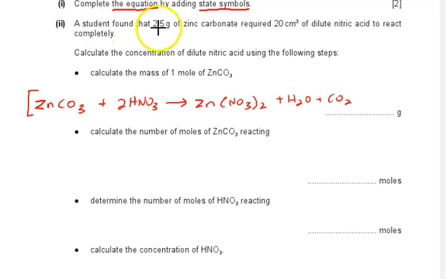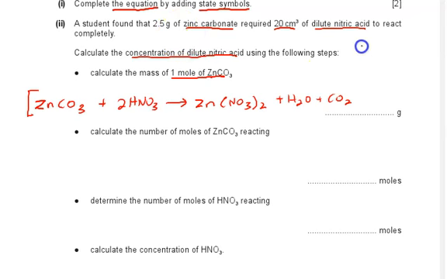Now a student found that 2.5 g zinc carbonate required 20 cm³ of dilute nitric acid to react completely. Calculate the concentration of dilute nitric acid using the following steps. First, calculate the mass of 1 mole of zinc carbonate.